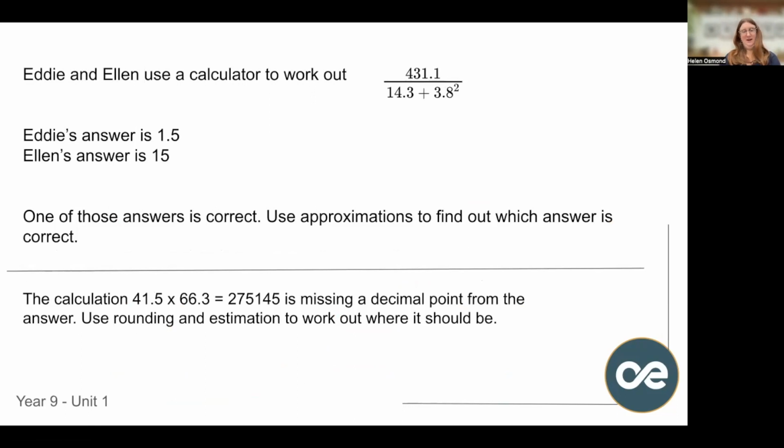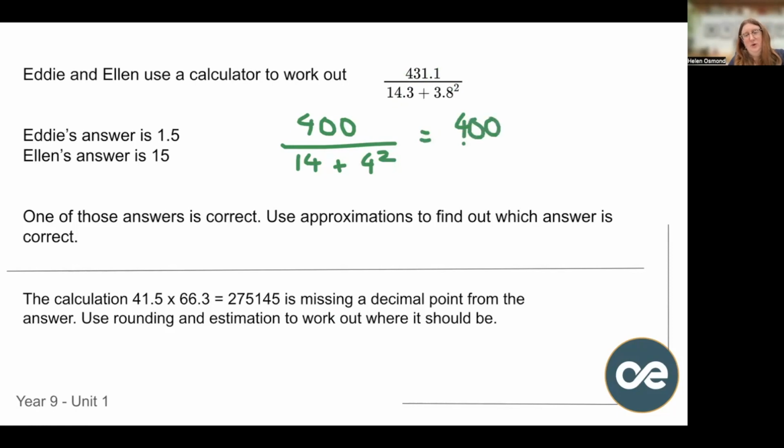Okay, welcome back. Let's use approximations to find out whether Eddie or Ellen is correct. So what we're going to do is look at this 431.1. Let's make that 400 to one significant figure. We're going to divide it by 14 plus 4 squared. Now, don't those numbers look easier?